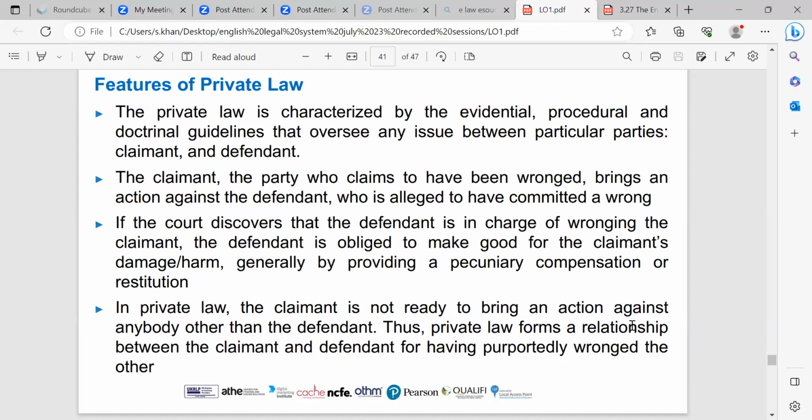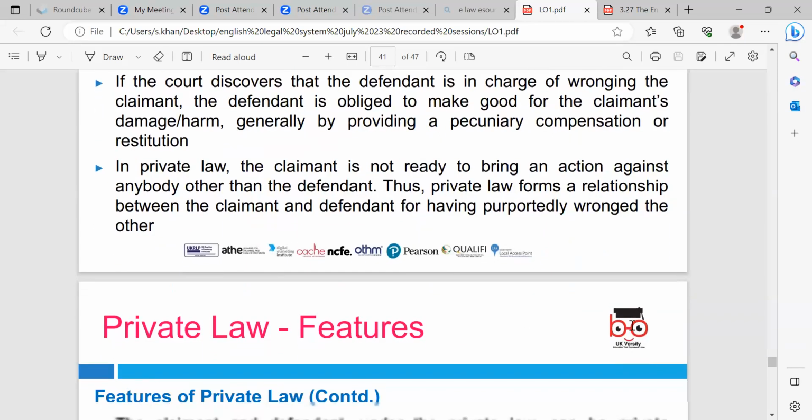If the court discovers that the defendant is responsible for wronging the claimant, the defendant is obliged to make good the claimant's damage or harm, generally by providing pecuniary compensation or restitution. In private law, the claimant is not able to bring an action against anybody other than the defendant. Thus, private law forms a relationship between the claimant and defendant for having wronged the other.